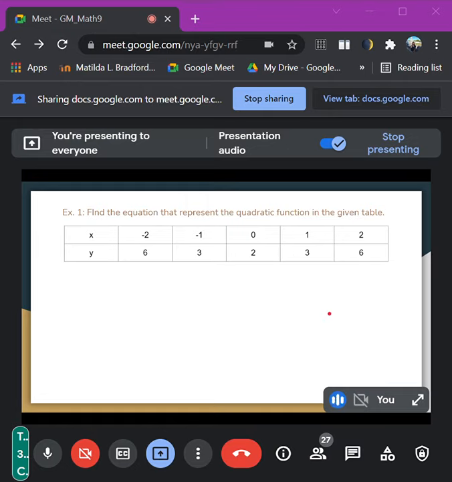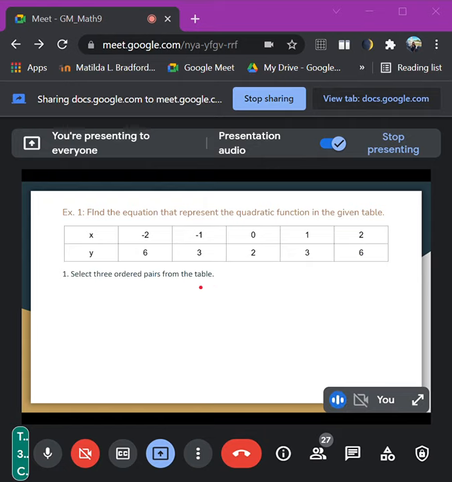So, step 1 is to select three ordered pairs from the table. Each ordered pair has a value of x and a value of y. This one is the first ordered pair, then this one is the second, the third one is this, the fourth is this, and the fifth is this.